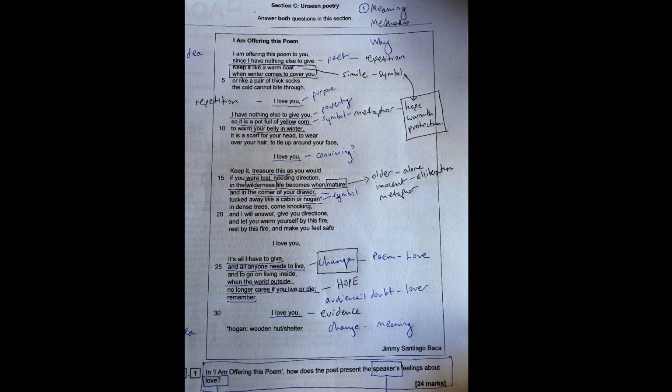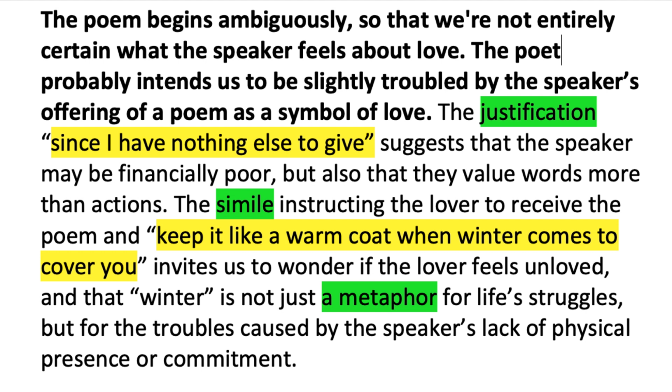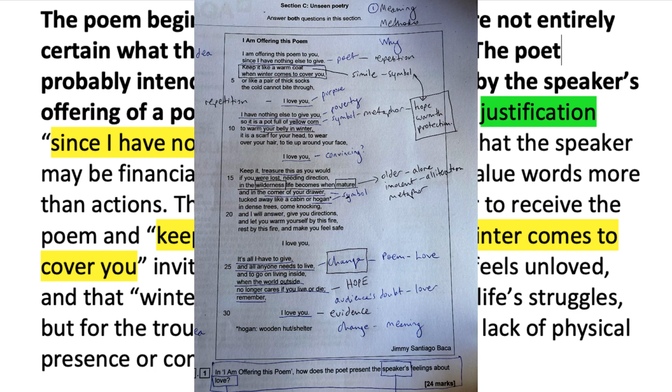On with the video. To make it easier for the examiner and for me, I start my essay by answering the question directly. So the poem begins ambiguously so that we're not entirely certain what the speaker feels about love. The poet probably intends us to be slightly troubled by the speaker's offering of a poem as a symbol of love.